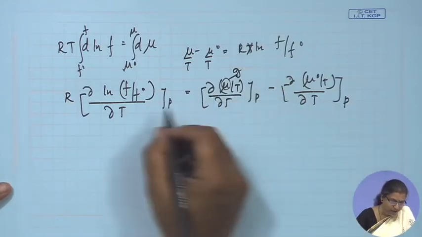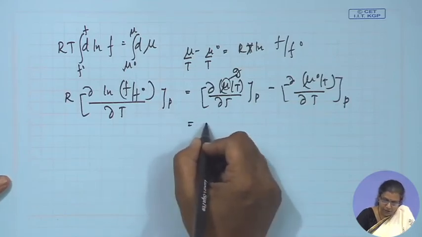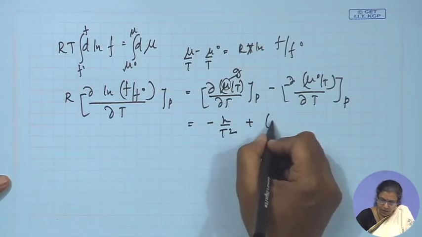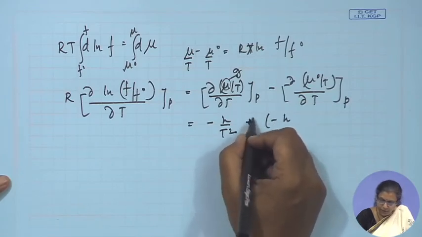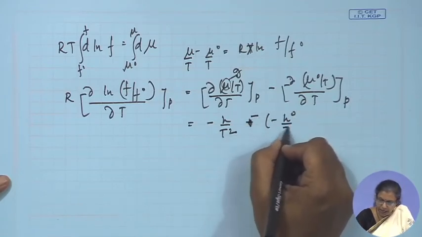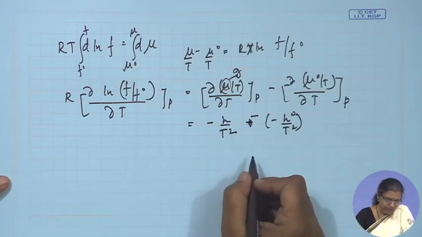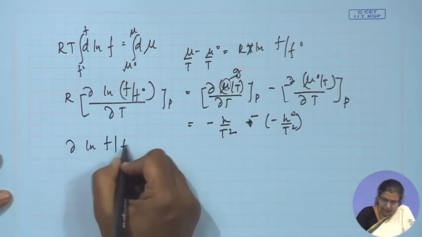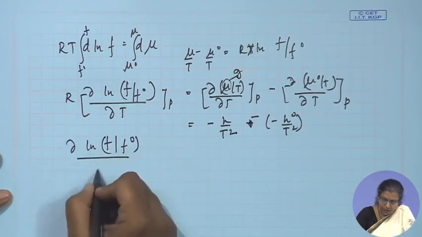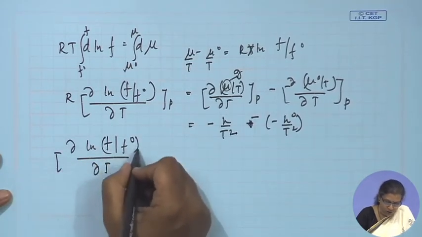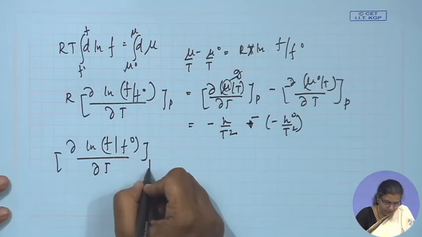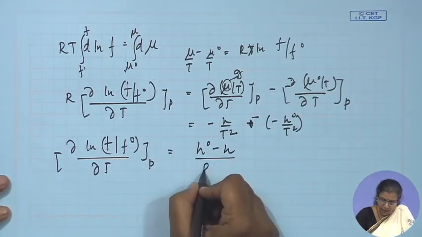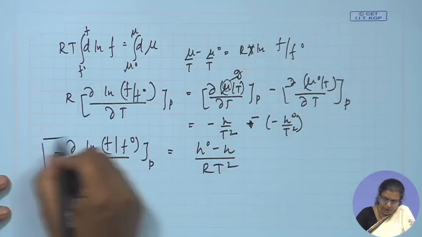We can straight away substitute it here, and therefore this equals minus H by T square plus minus of minus H 0 by T square. So we can write it down as del ln f by del T at constant P, which is nothing but equal to H 0 minus H by R T square.